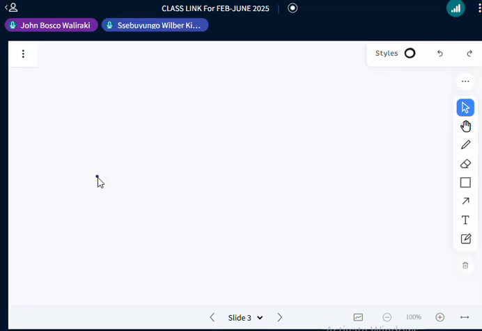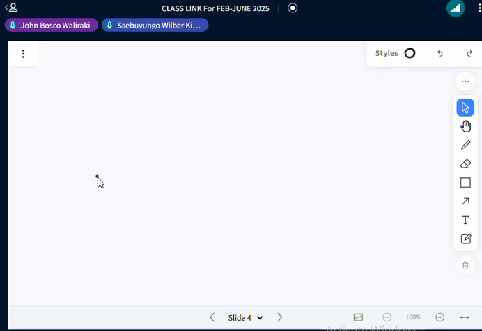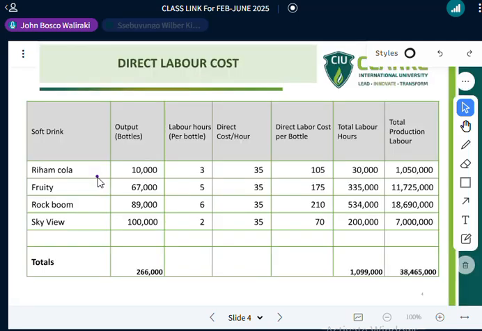Now let us look at the other side. This is the first table which we have looked at, but here let us look at the aspect of direct labor. Now I'm pulling out direct labor and maintaining the production volumes, or the quantities produced.